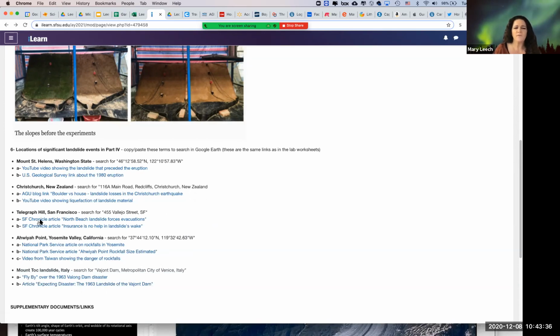Maybe it's a San Francisco landslide or rockfall, somewhere in between. Or maybe it's the rockfalls in Yosemite Valley. Or maybe you are from Washington State and you want to look at the landslide that preceded the Mount St. Helens eruption.